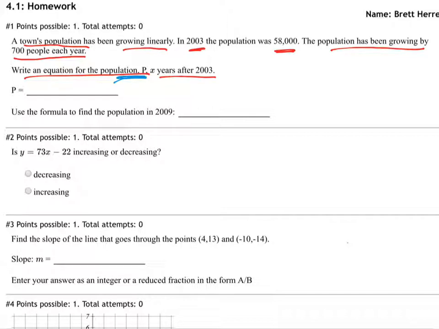What if I asked you, what's going to be the population in the year 2007? Let me just stop there for a second. I bet every one of you can do that. Let me give you a second. Remember how it's working.